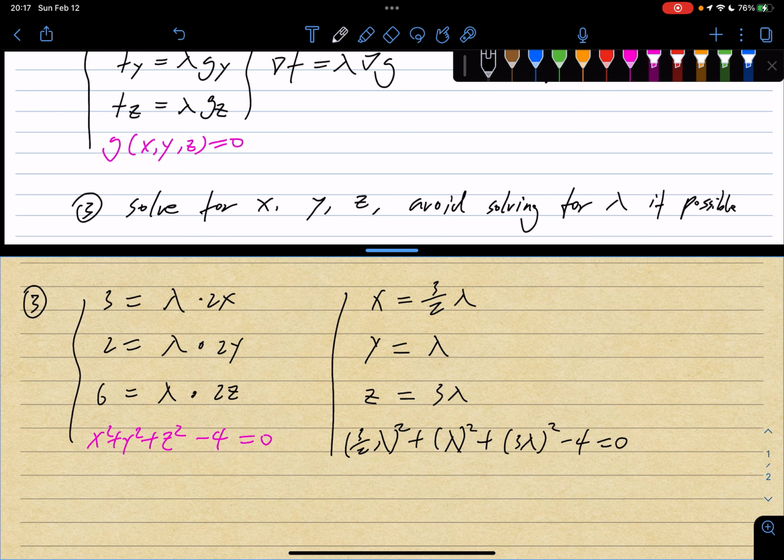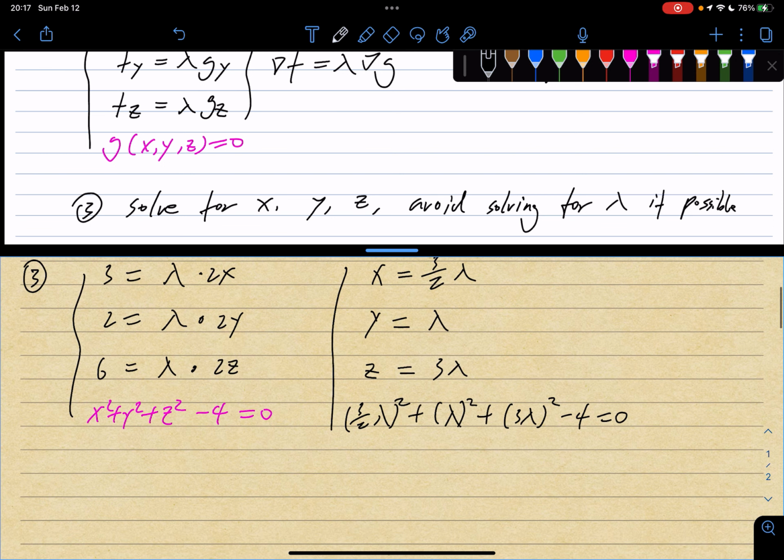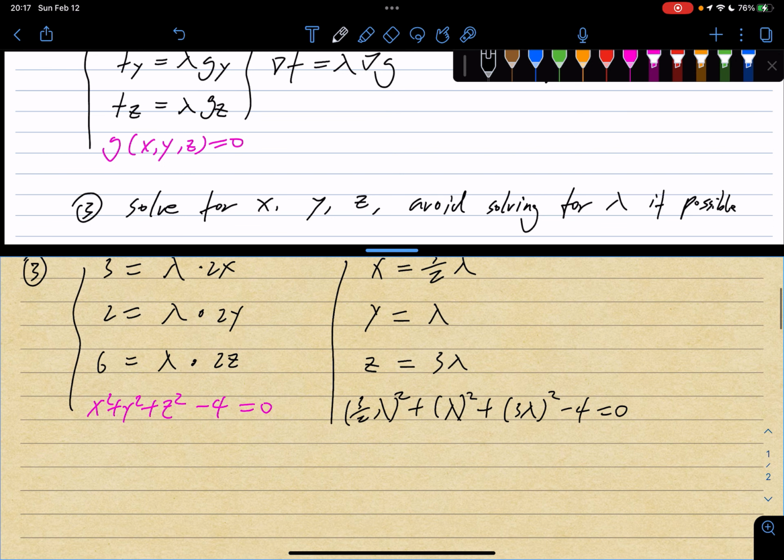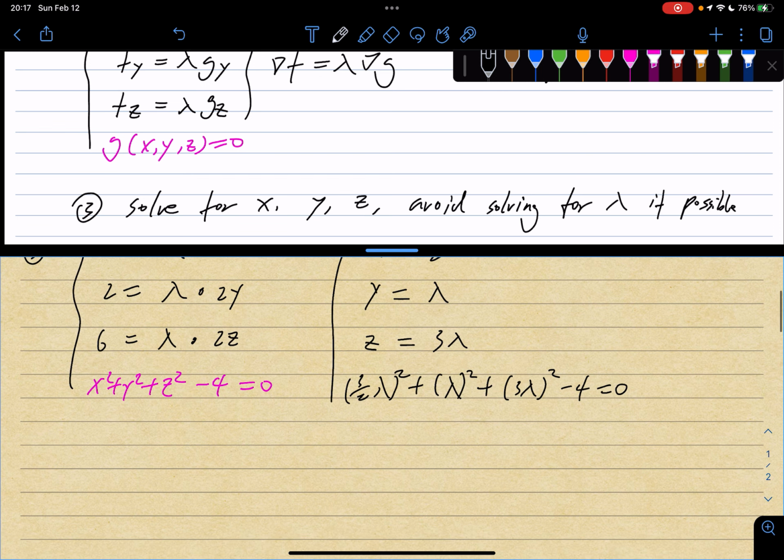The exact value of lambda, we don't really care about. So whenever you get a chance to use basic algebra skills in a system of equations to cancel your lambda out, do that, right? Because we only care about the values of x, y, z. We're unable to do that in this case, but as you practice past exams, whenever you see that's the case, do it.